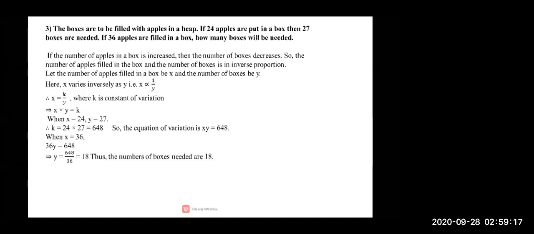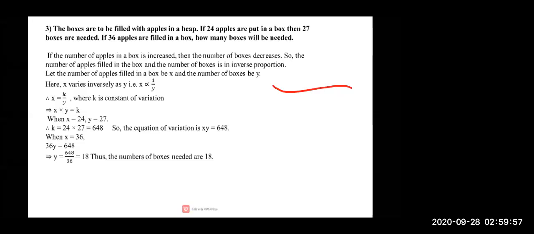So we have to assume that the number of apples filled in a box be X and the number of boxes be Y. Apples filled in a box is our X and number of boxes are our Y. Once again, apples in a box are increasing, but number of boxes are decreasing.